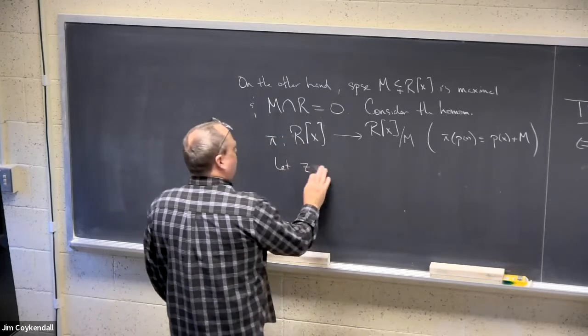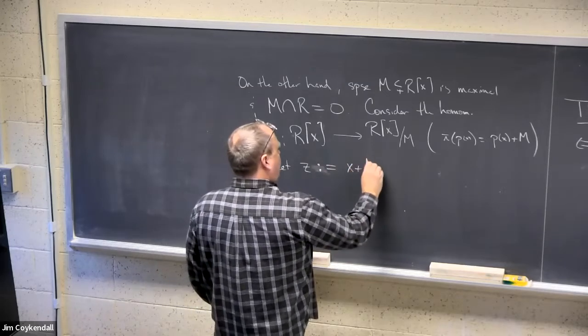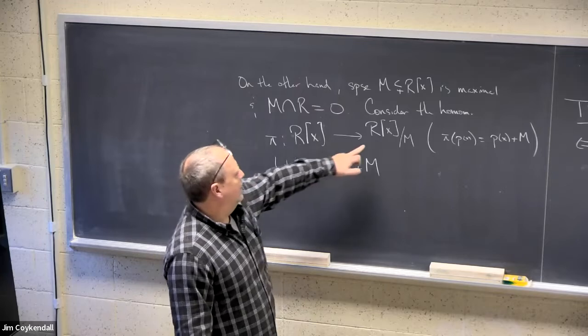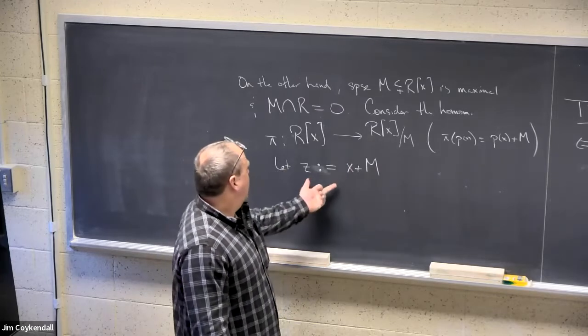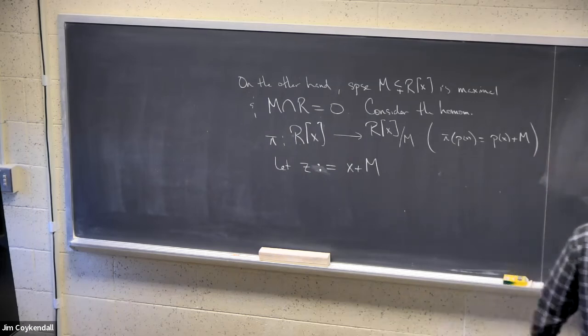Here's a notation: Z is an element of this quotient, and it is the image of x from R[x].